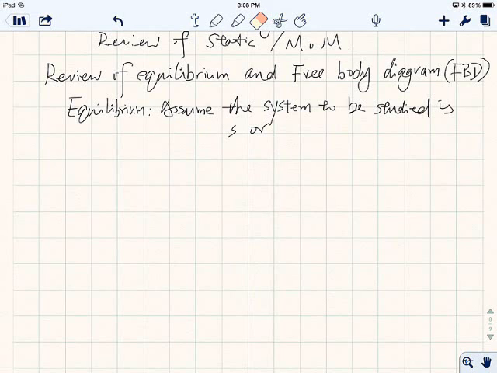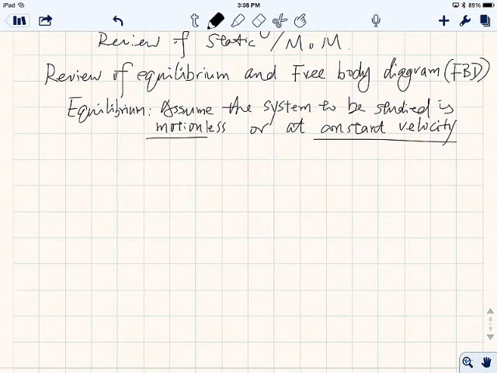Motionless, or at a constant velocity. All right, so motionless or at a constant velocity, they have one point in common: there's no acceleration. a is 0. Now, according to Newton's second law, F equals ma, or summation F equals ma.